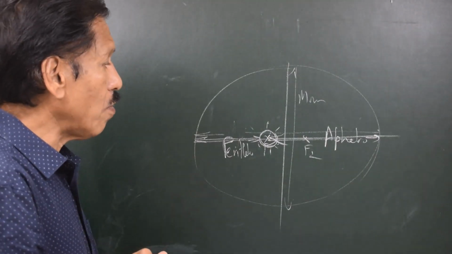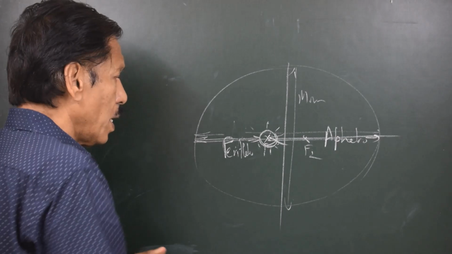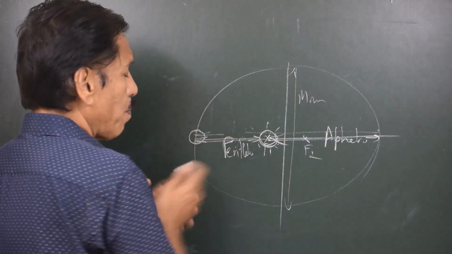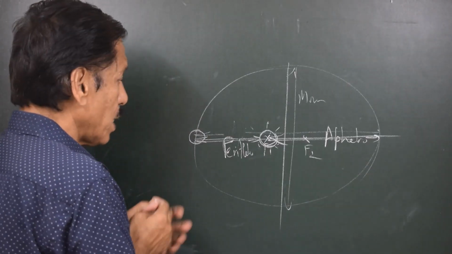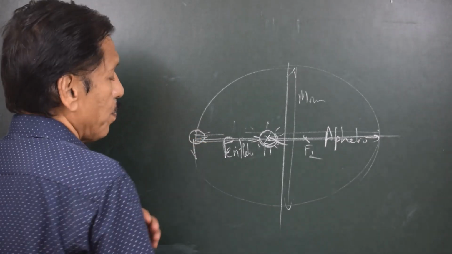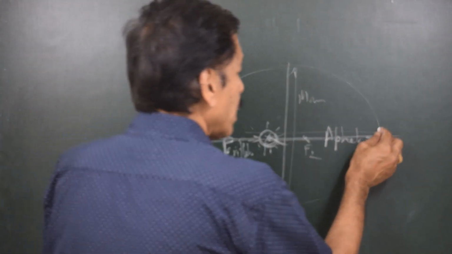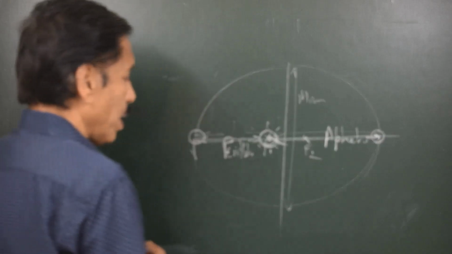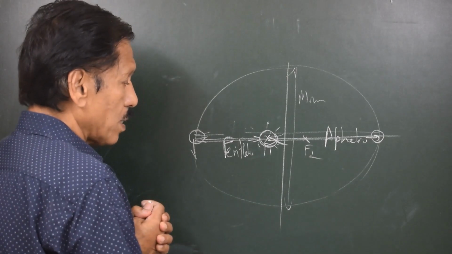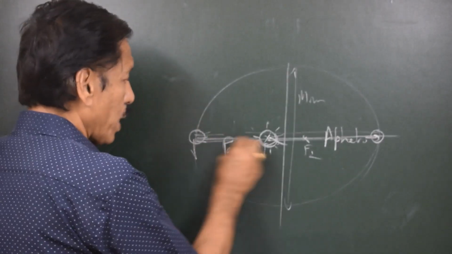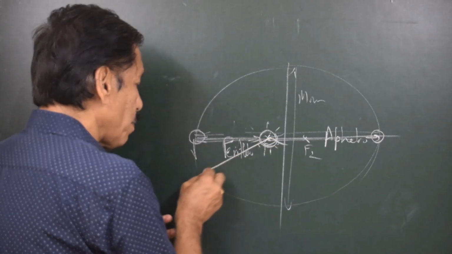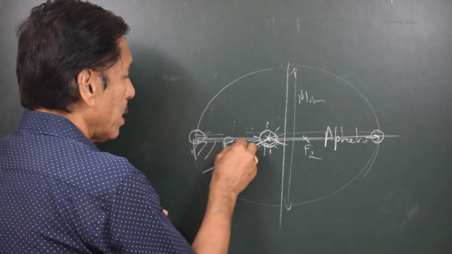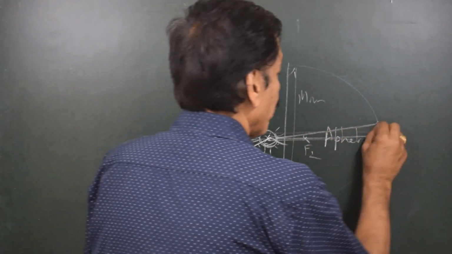Now the second law of motion: when the Earth or any planet moves around the sun, there is a time when the speed is maximum, and then there is another time when the speed is minimum. But how do you describe it by the second law? It says that the radius vector describes equal area in equal time.